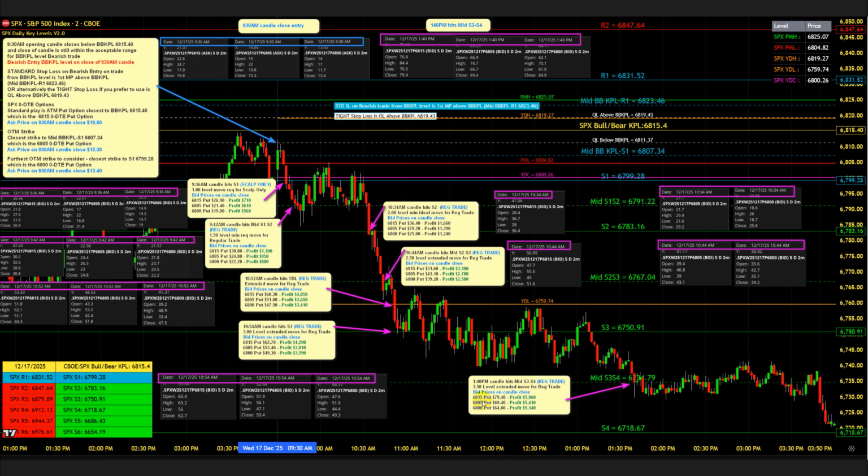and that is now a 3.5 level extended move for the regular trade. And the bid prices on the candle close are for the 68.15. Those are up here. There wasn't really enough room to put them down here. 79.40 on the 68.15 on the bid. $5,960 profit on the at the money 68.15.